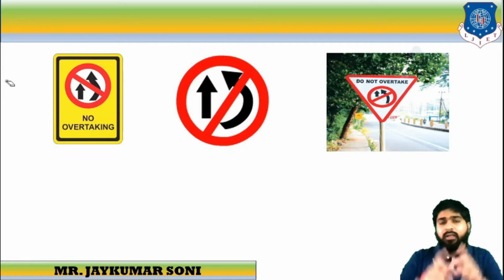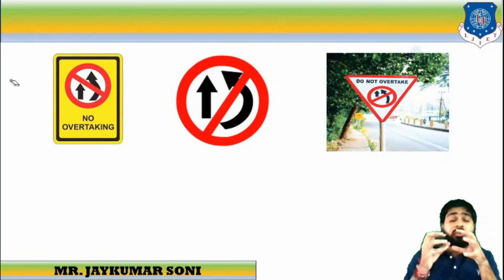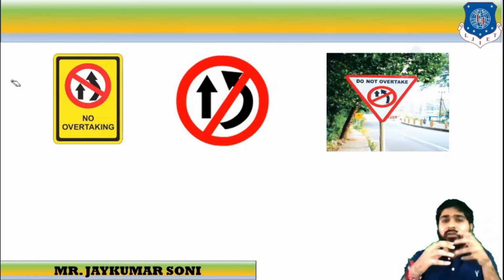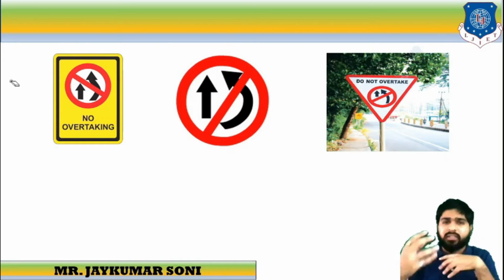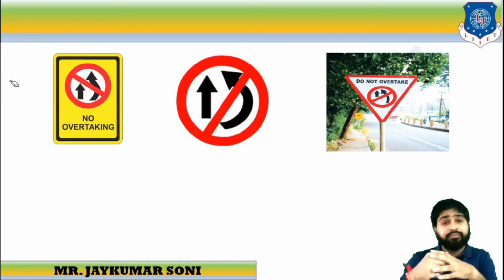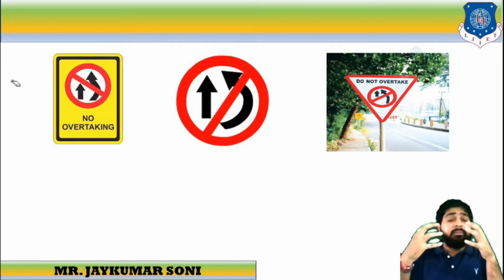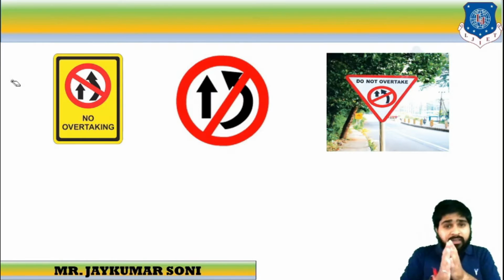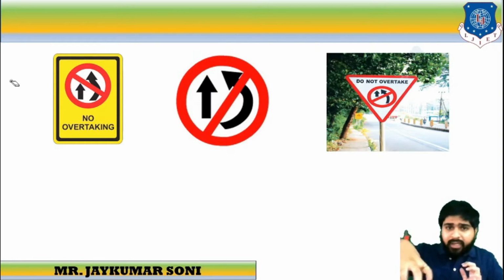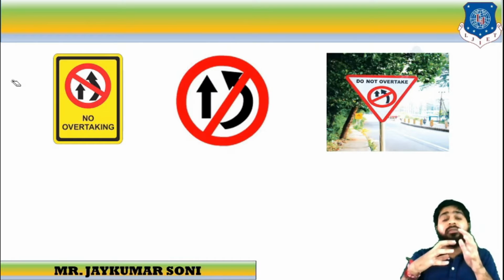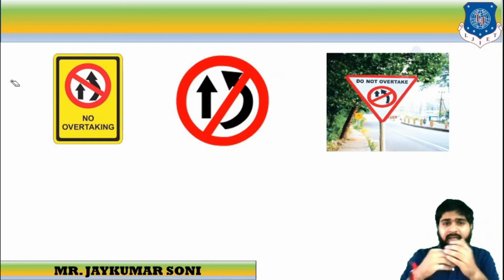See, first of all, one thing that we should know is that whenever we are traveling on a heterogeneous traffic lane, meaning a mixed traffic lane or fast moving traffic lane, we must, as a driver, have a certain length of road available so that we can overtake the vehicles which are passing by us.